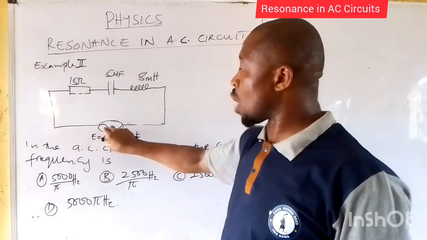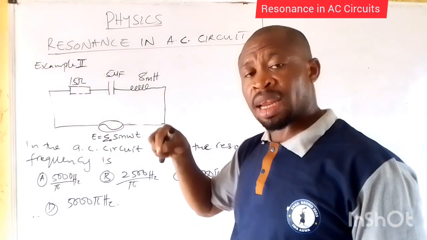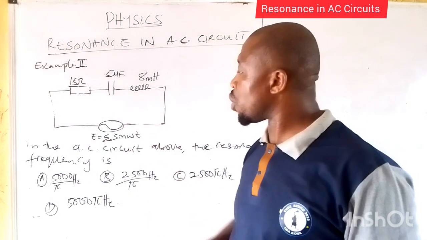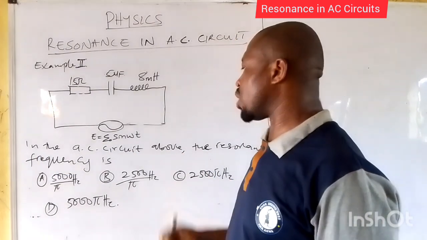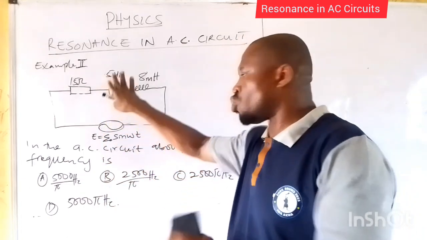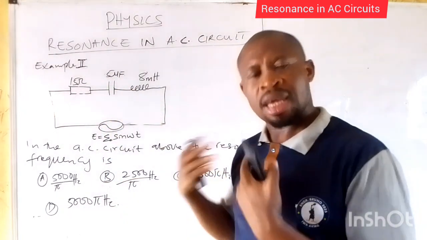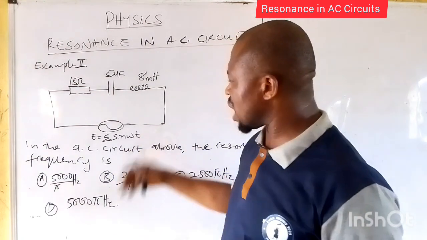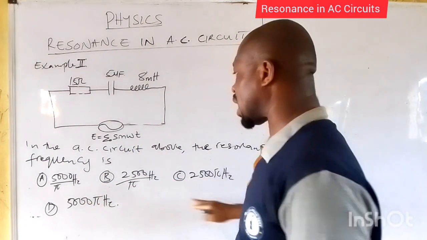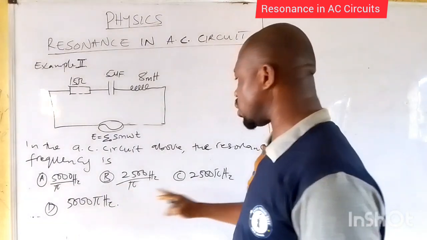For details on how we got this, please see the link in the description below. In the AC circuit above, just using this circuit as a guide, calculate the resonance frequency. Now, how do we find the resonance frequency? Each of these will be the correct answer: either this or this or this or this.